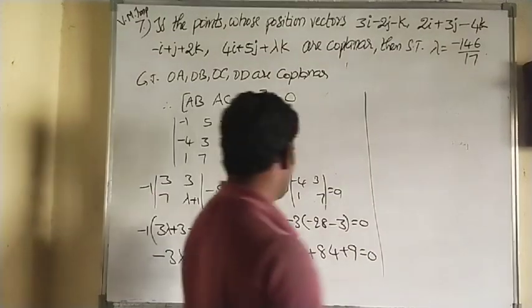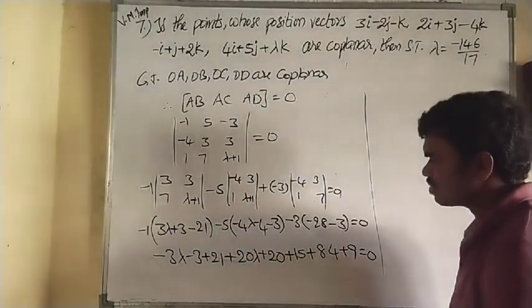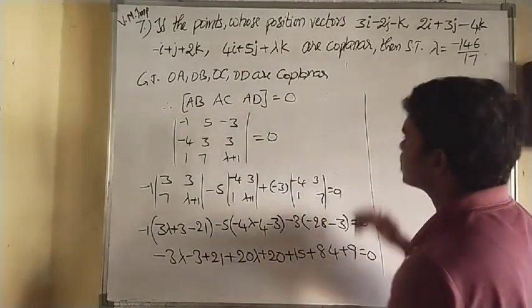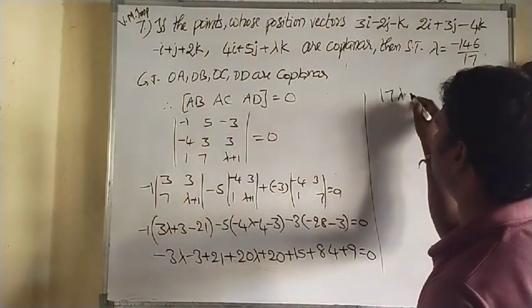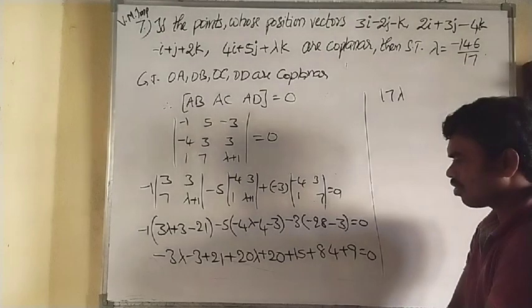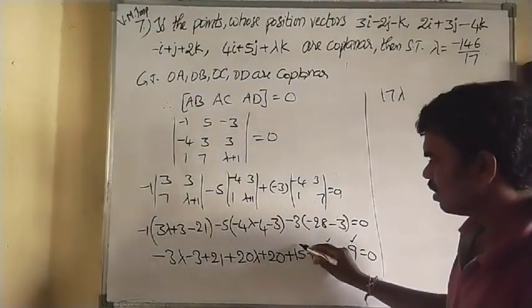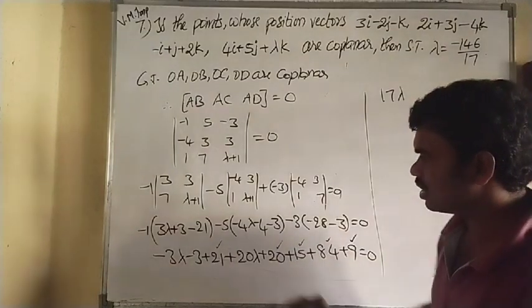Okay. Next, see how many lambda terms are there? Here 20 lambda, here minus 3 lambda. So 20 lambda minus 3 lambda becomes 17 lambda. And constant terms, how many positive terms are there? 9, 84, 15, 20, 21. These are positive terms.